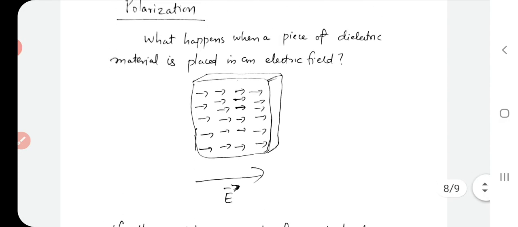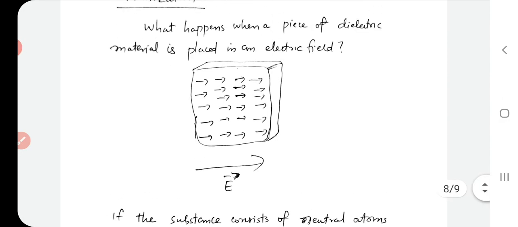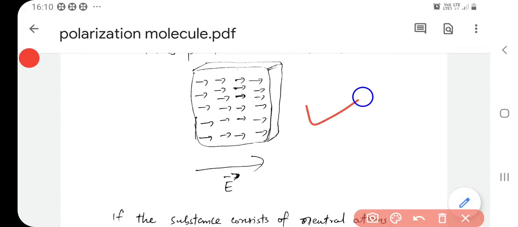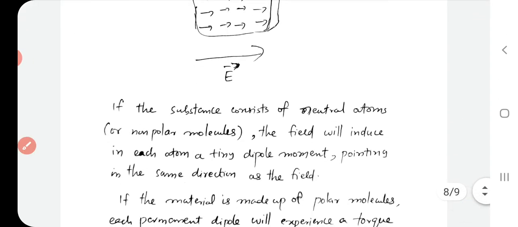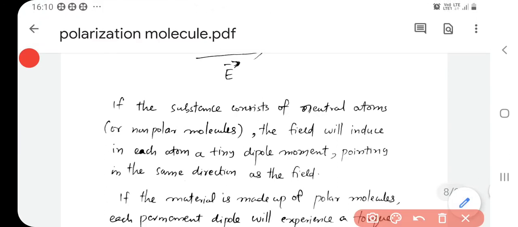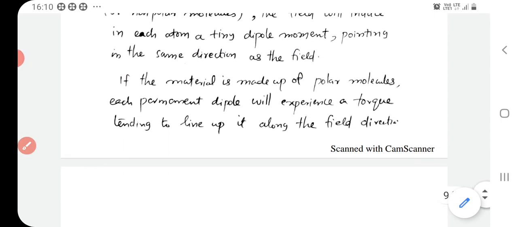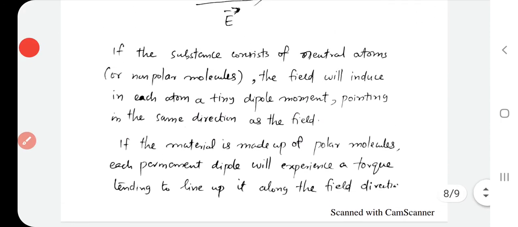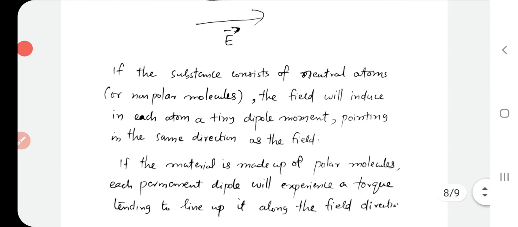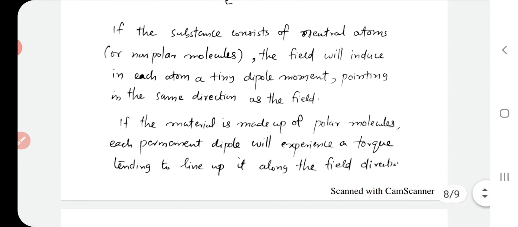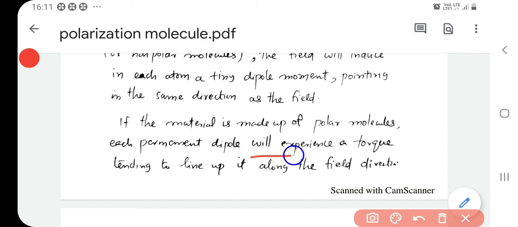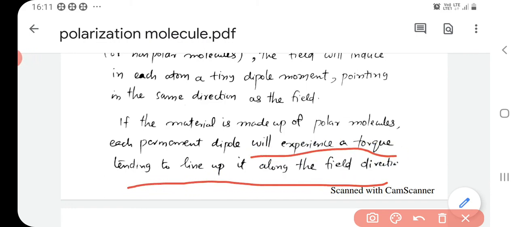If the substance consists of neutral atoms, they will be polarized, because the field will induce in each atom a tiny dipole moment pointing in the same direction as that of the field. If the material is made up of polar molecules, each permanent dipole will experience a torque that tends to line it up along the field direction.